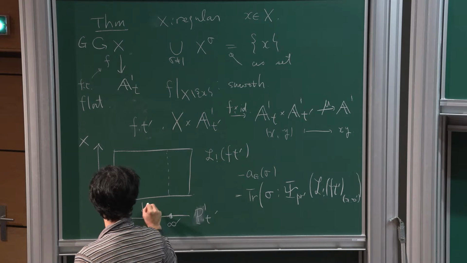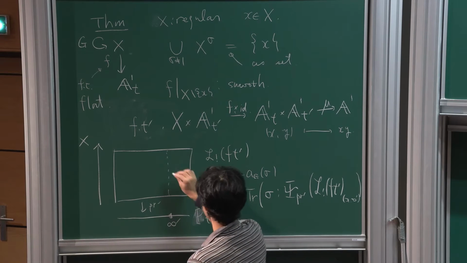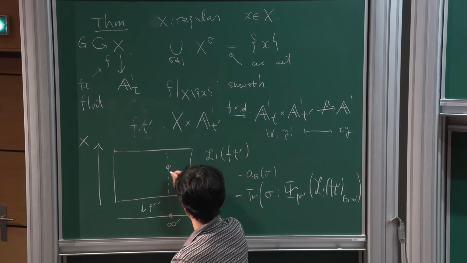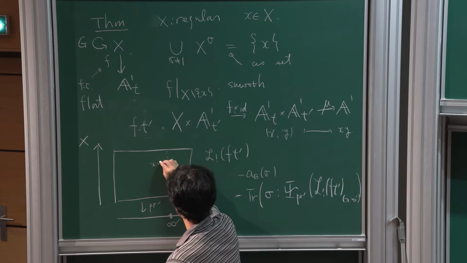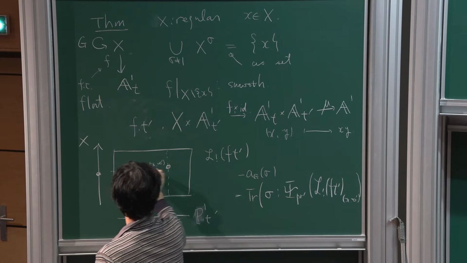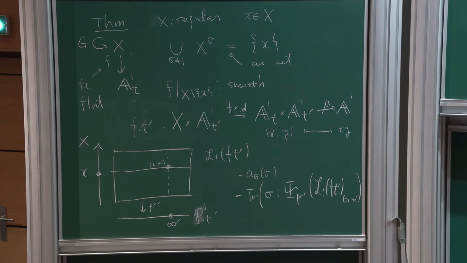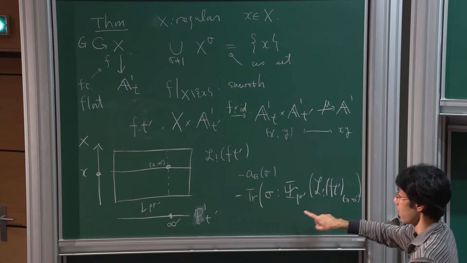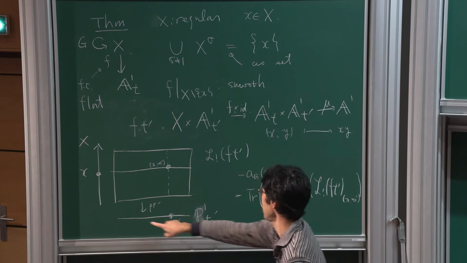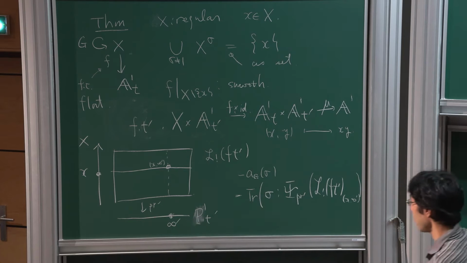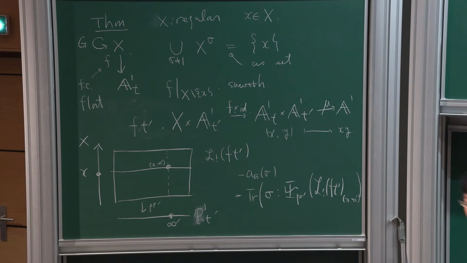And I'm taking some nearby cycle around this point, (x, infinity prime). x is the closed point I'm fixing, the isolated fixed point of this action of G. This is just a line, so this is just a normal nearby cycle.